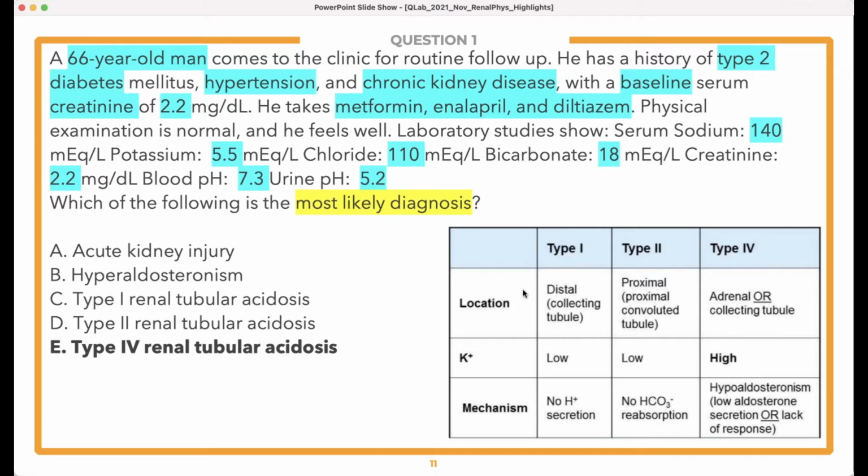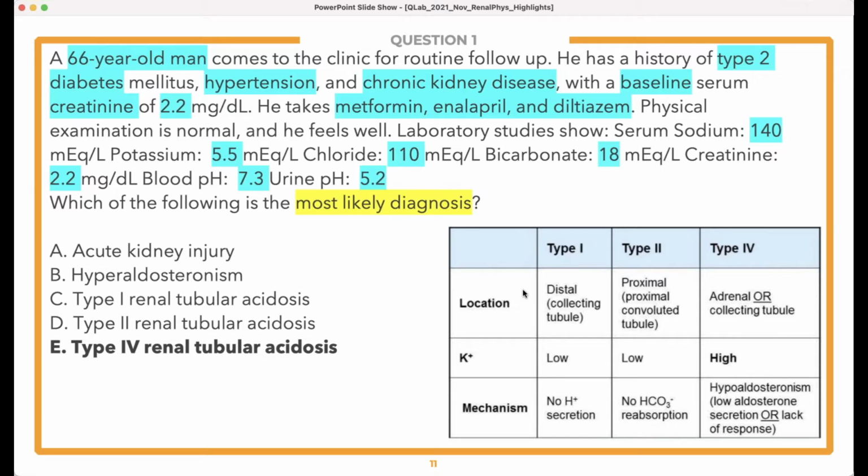So if we take a look at this question, we see that this patient has a few medical conditions, okay? We also see that they have a few comorbidities. If you were to calculate their anion gap, this patient has a low blood pH, 7.3.